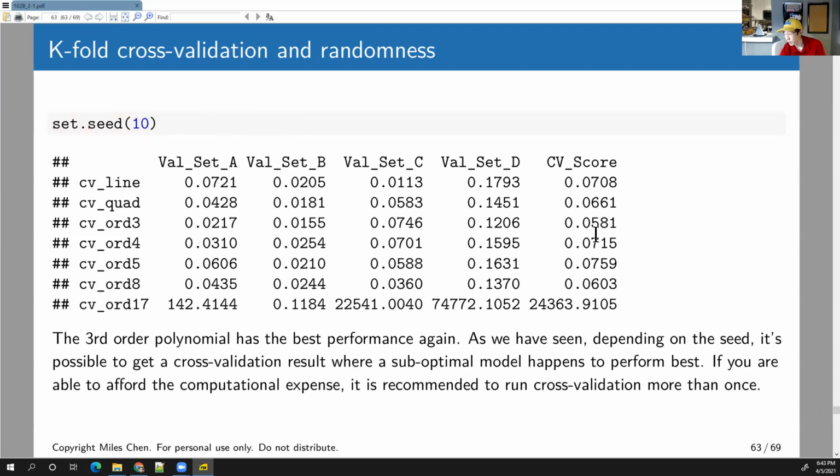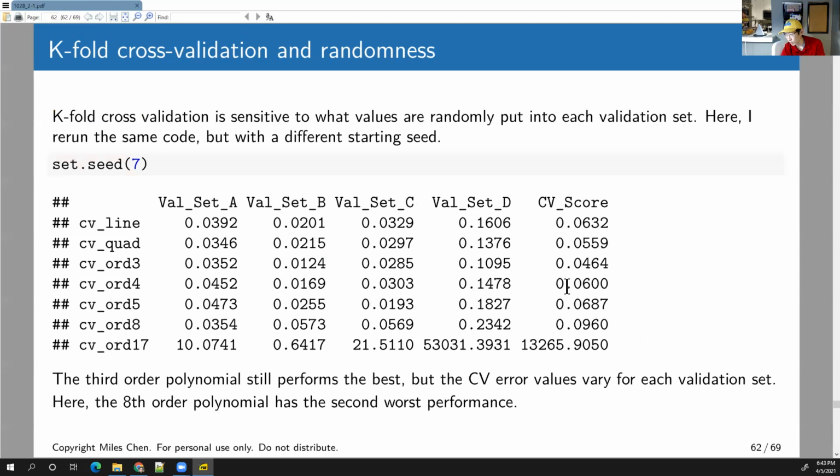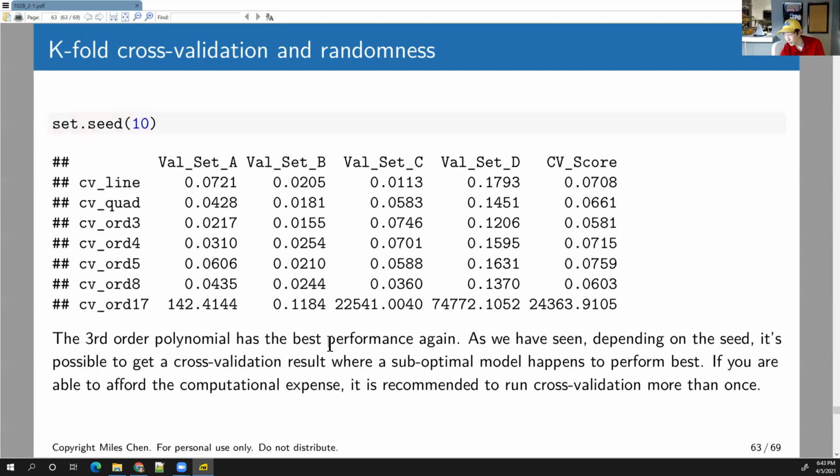So here I run it again, and this time the cubic polynomial performs best, and the 8th order polynomial performs better than the 4th or 5th order polynomial, but there's clearly quite a bit of variability here. The 8th order polynomial is exhibiting a lot more instability, and so our 3rd order polynomial is the best.